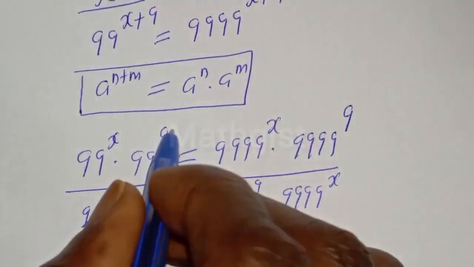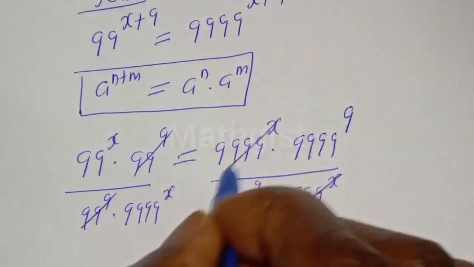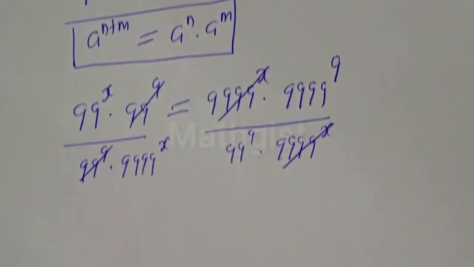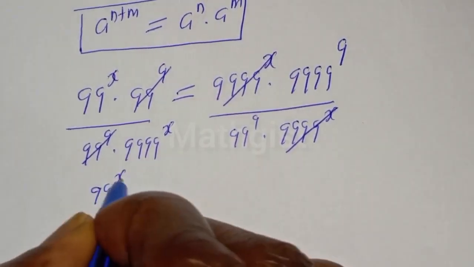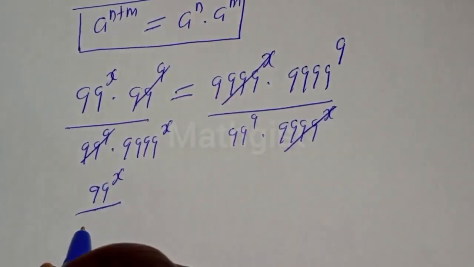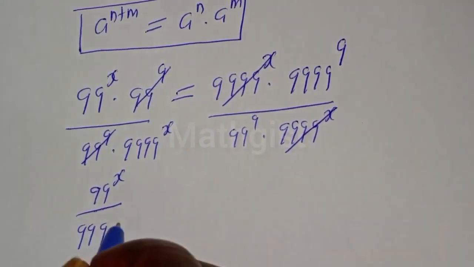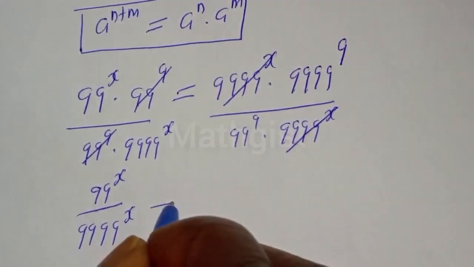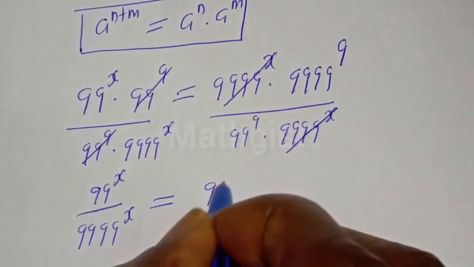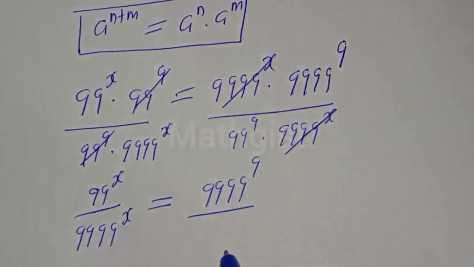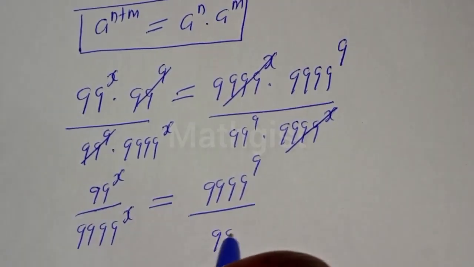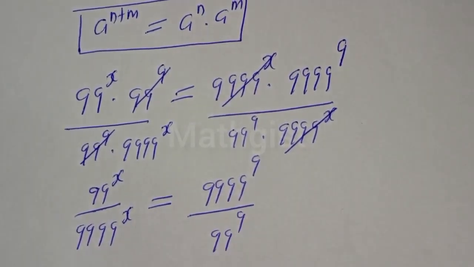From here, this we cancel this, and this we cancel this. We have 9 raised to power s over 99 raised to power s is equal to 99 raised to power 9 over 9 raised to power 9.